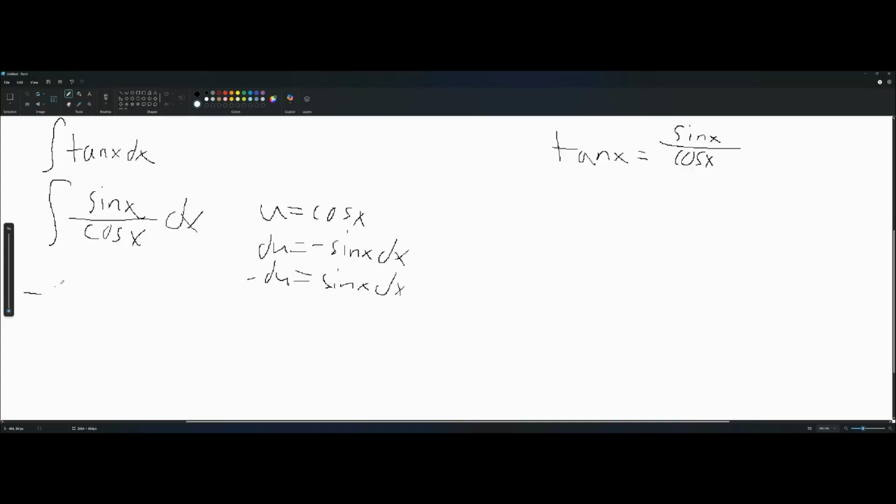So now we can rewrite this as the integral of u du. And this just evaluates to negative u squared over 2 plus c, which is equal to negative cosine of x squared over 2 plus c.